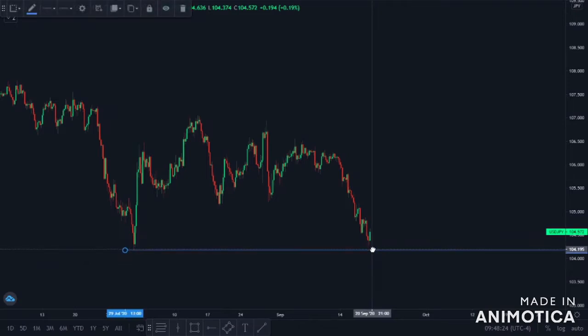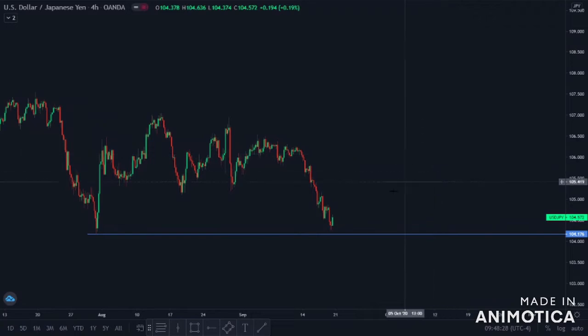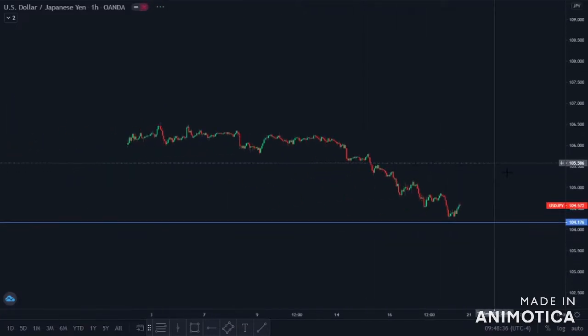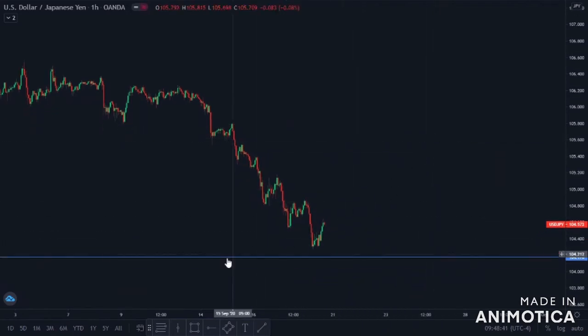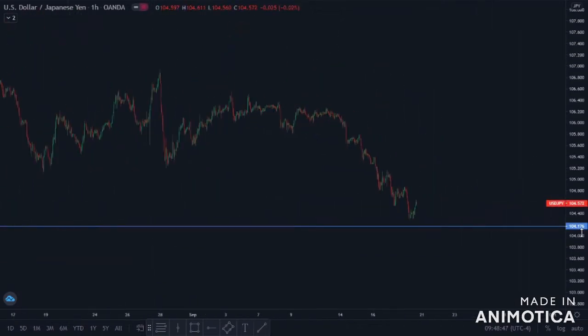Okay, so now what you can do to take advantage of this, you could either wait for price to retrace towards the downside and head back up, or just head down to the 1 hour, because I like to use the 1 hour. Alright, so we have our larger support, our outer structure support right here.